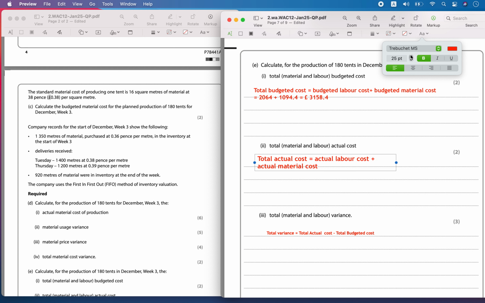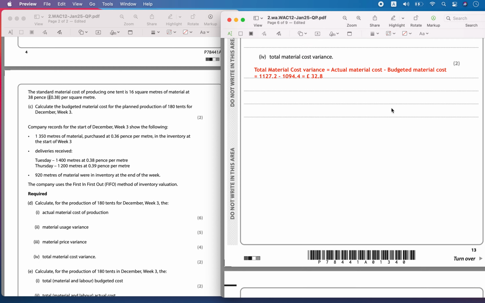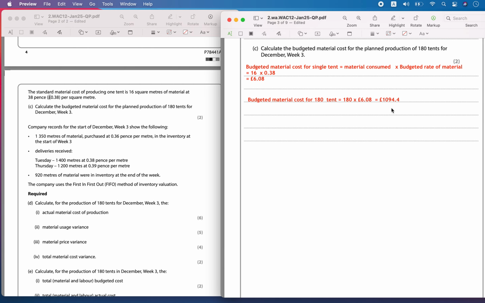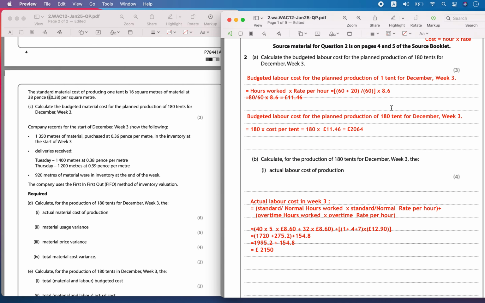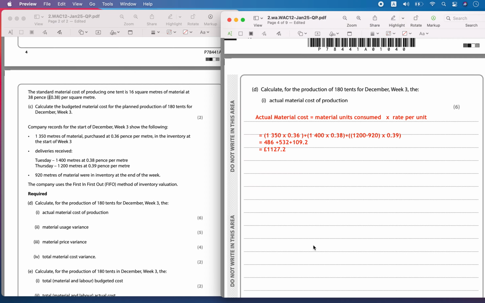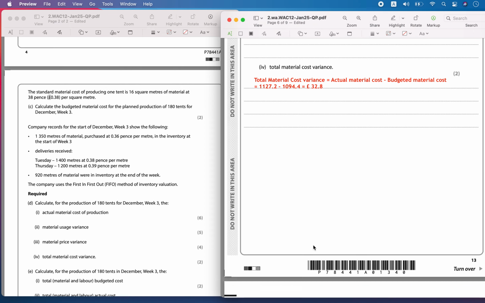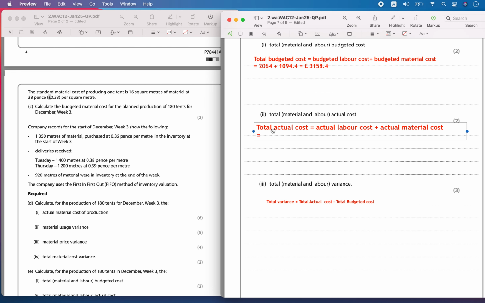Now the next one, total of labor and material actual cost. Let's calculate this. The actual labor cost we had calculated earlier in the first part was 2150.